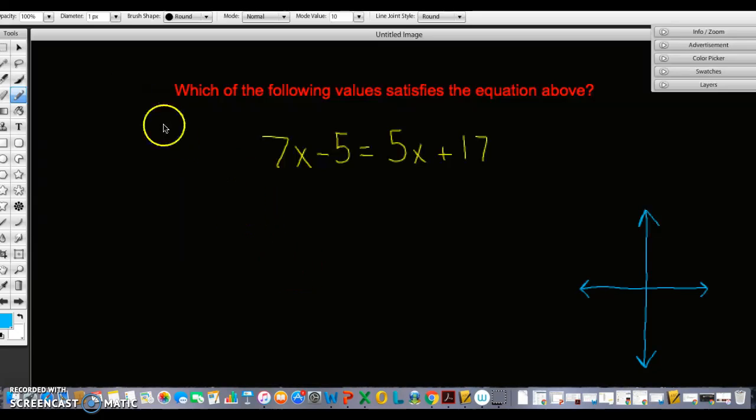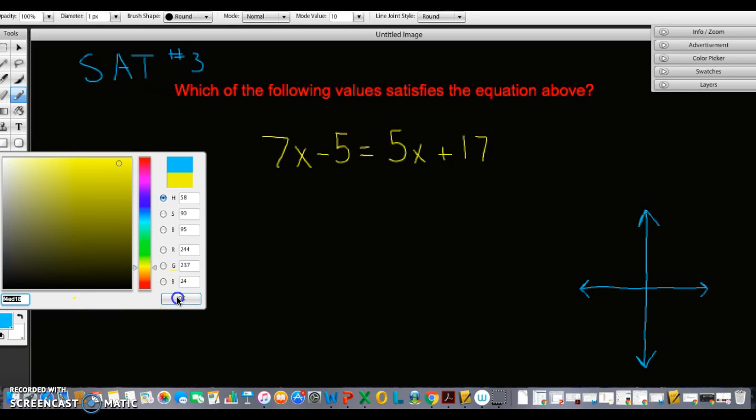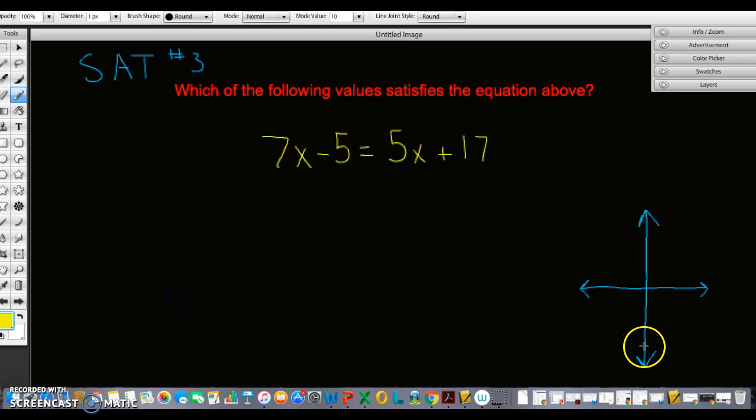All right, so this is our third SAT problem. We have here two linear equations.